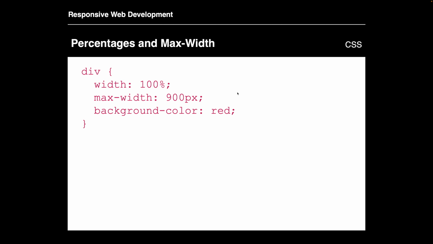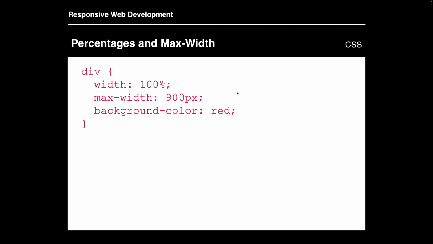But again, on large screens or really wide browsers, you probably don't want it to be 5,000 pixels wide. So that's why you add on top of this a max width value. That's a pixel width. So 900 pixels is my max width value for this div. So it's never going to get larger than that. And then I just added a background color so we could visually see it on the screen too.